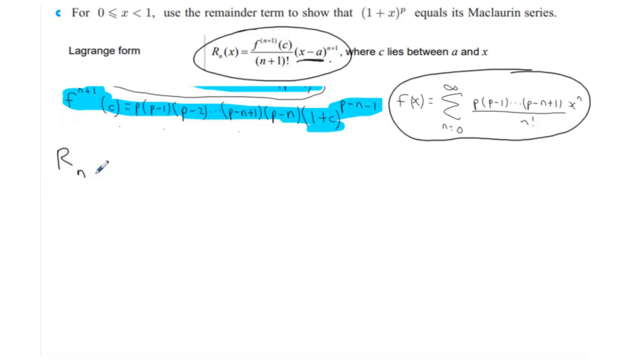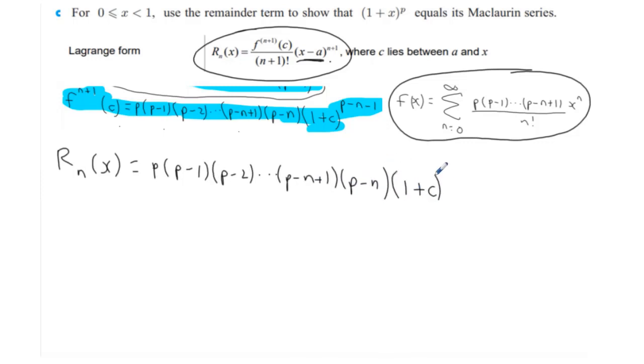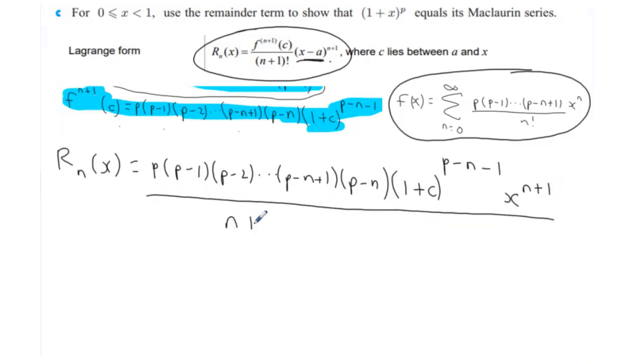So the error term equals, so it's the n plus 1 derivative evaluated at c, so it's p times p minus 1, p minus 2, up to p minus n, times (1 plus c) to the power p minus n minus 1, times x to the n plus 1, all over n plus 1 factorial.